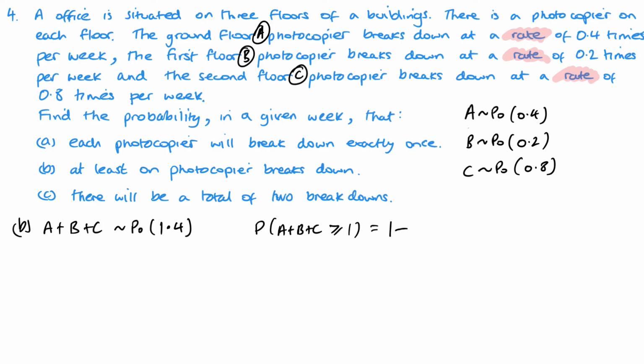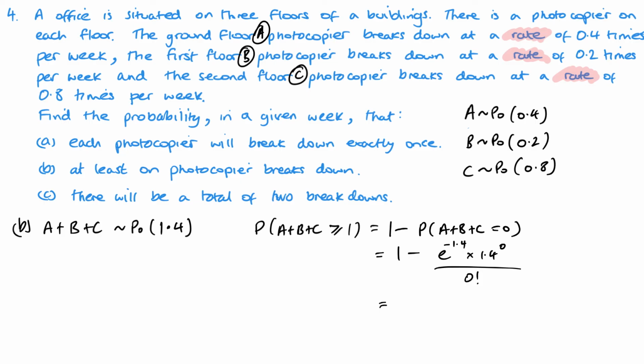So this is 1 minus the probability that A plus B plus C is less than 1, which actually is equal to 0. So this is 1 minus e to the power minus 1.4 times 1.4 to the power 0, which is just 1, and 0 factorial is just 1.